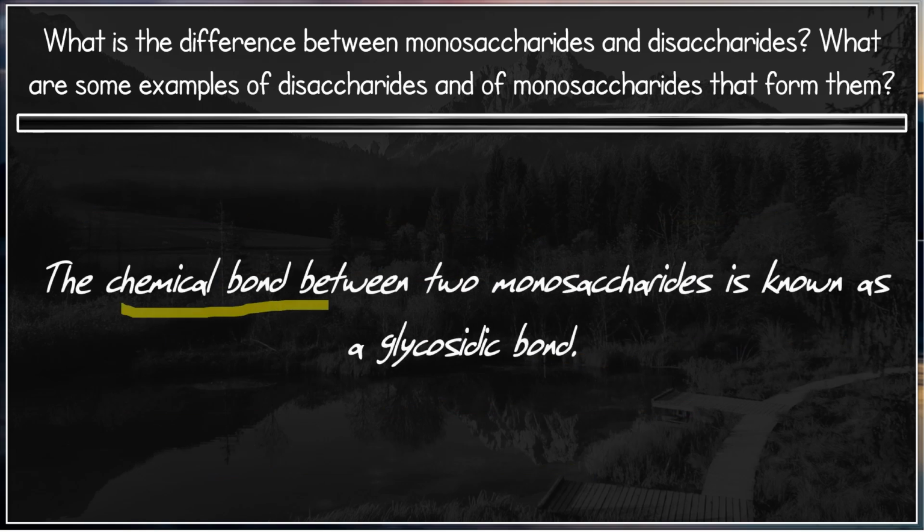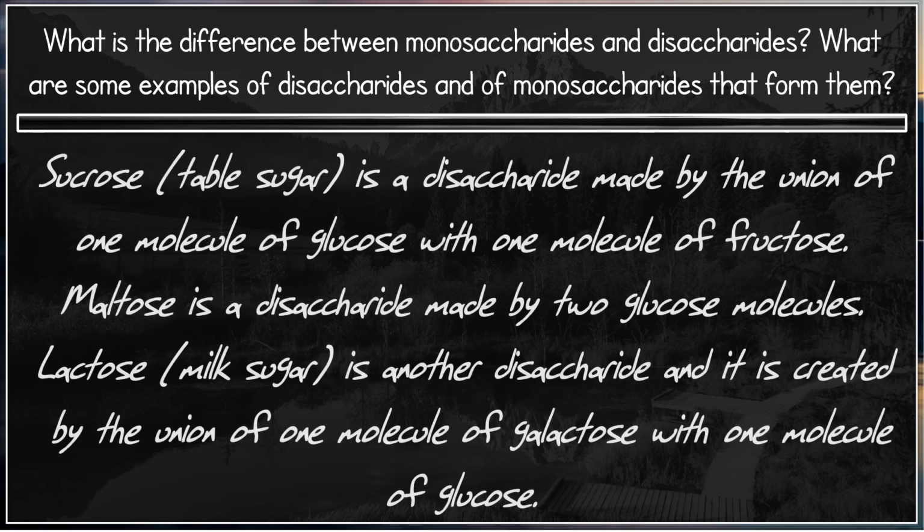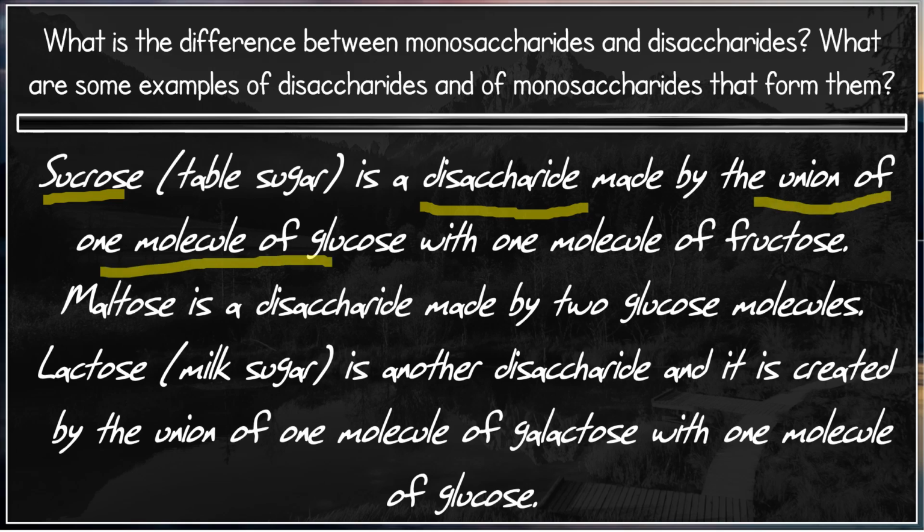The chemical bond between the two monosaccharides is known as a glycosidic bond. Sucrose, the one that we take as table sugar, is a disaccharide. It is made by union of one molecule of glucose with one molecule of fructose.